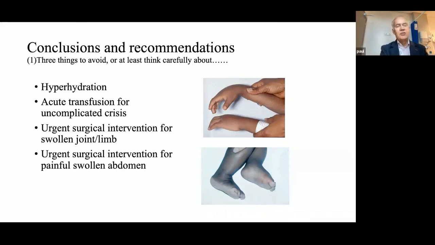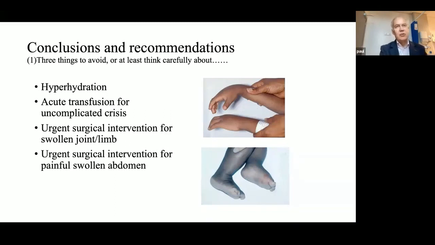Similarly, occasionally children present with a painful swollen abdomen with reduced bowel sounds. And to a surgeon, that might look like an acute abdomen, like acute appendicitis. In our experience, this is more likely to be a sickle crisis, which we call a girdle crisis, where you get a swollen abdomen with distended bowel loops, and it's often associated with sickle pain elsewhere, and no surgical intervention is needed.